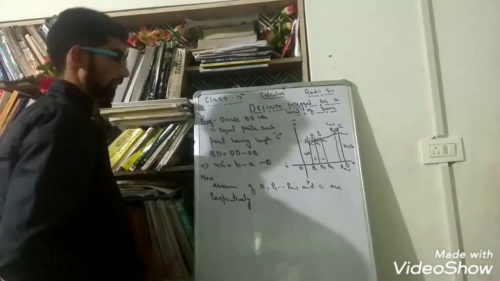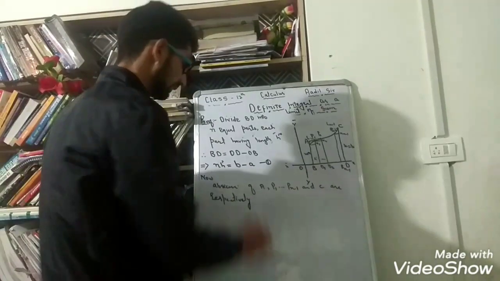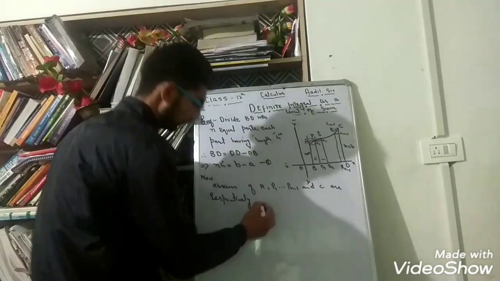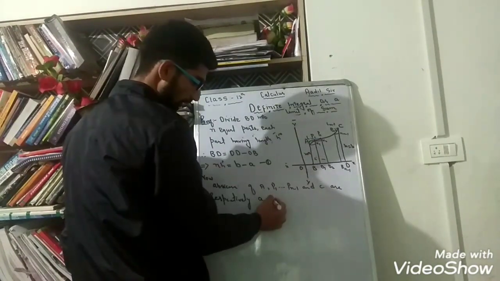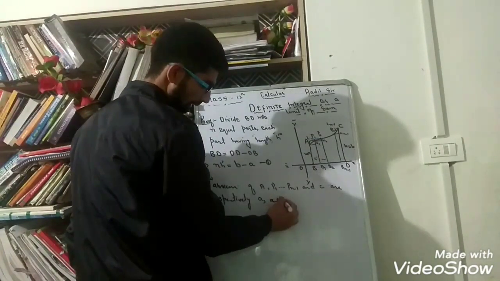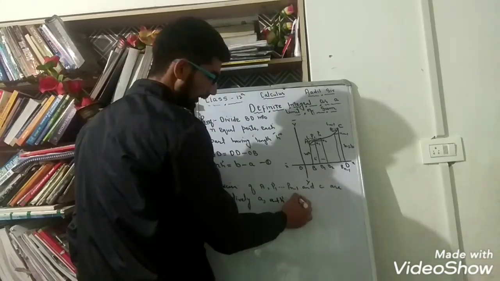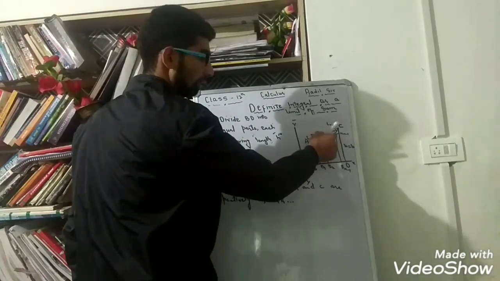First, A1 has abscissa as the distance, that is x equal to a, so that will be a, and this P1 has abscissa equal to a plus h, and so on. This Pn minus 1, what is its abscissa equal to?